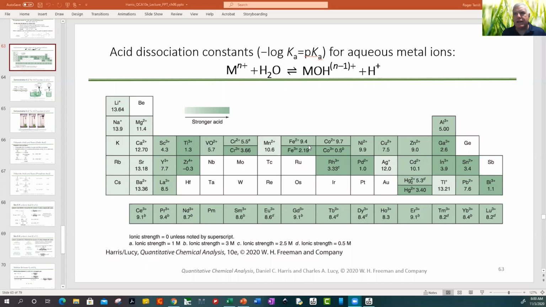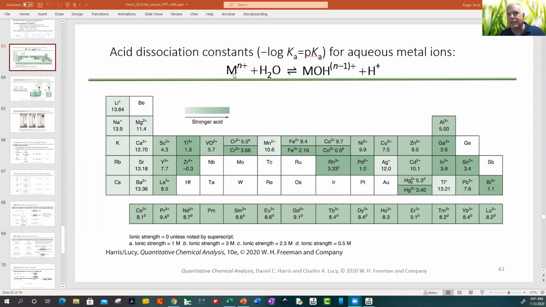If the value is less than 7, that means it's an acid. It's got the same form as a Ka. This ion here is the conjugate base of this acid, but it's not really acting as a base right now.